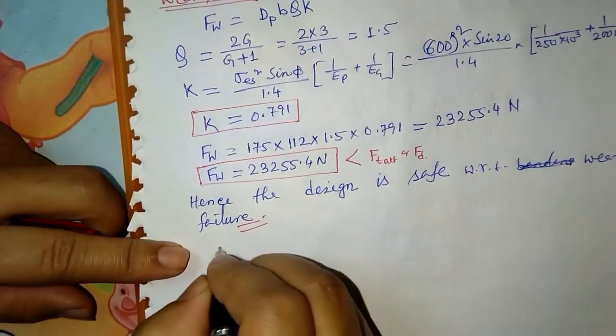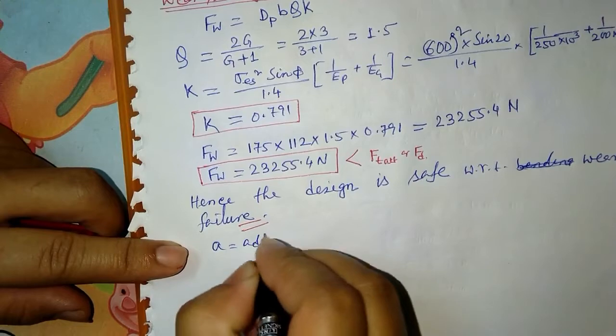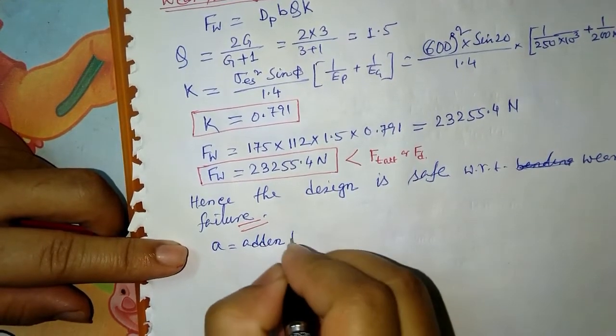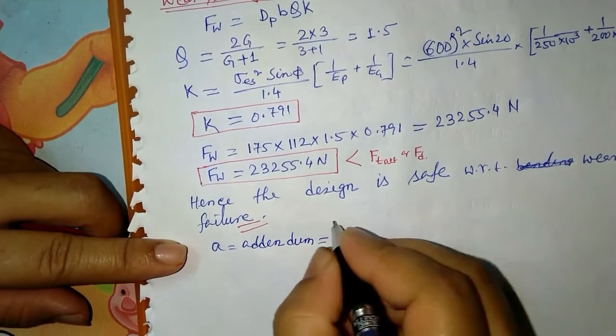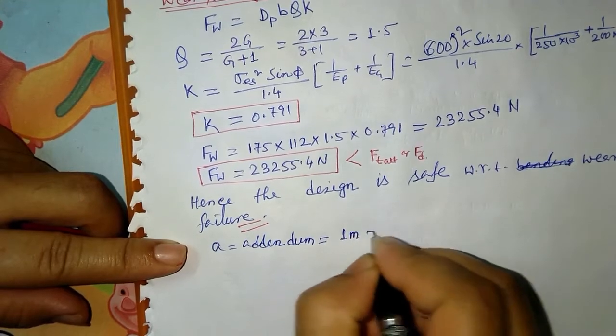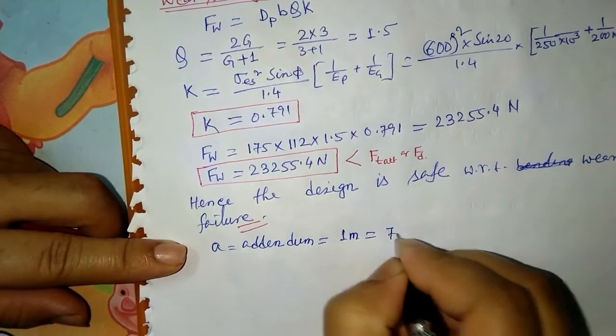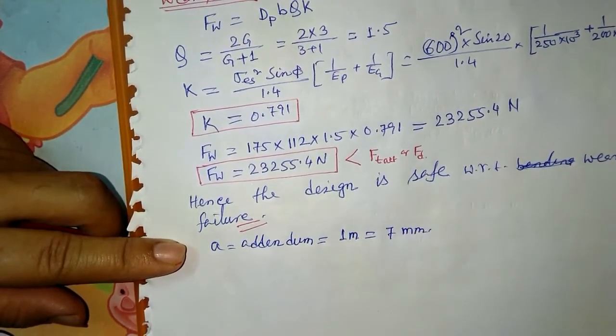So you can write that A is addendum, which we already saw is 1 into m, and this is our 7 millimeters.